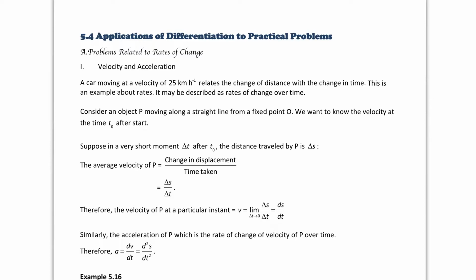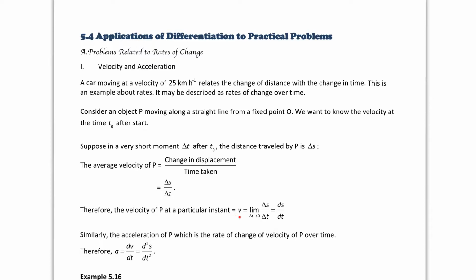So let's see the formula of velocity. It is change of displacement over time. Because we have already discussed the concept of limit, we can take delta t tends to 0. Delta s over delta t becomes ds over dt.